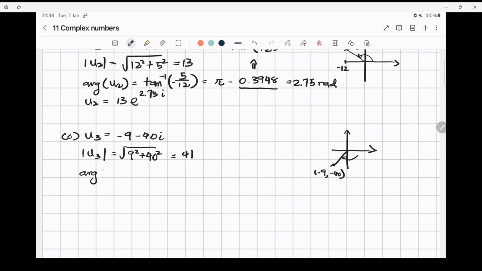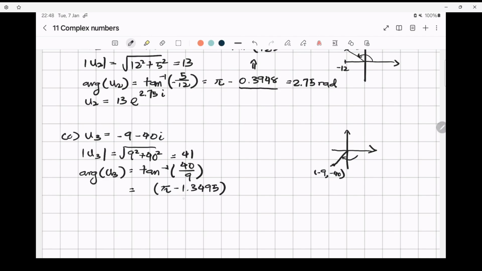Now let's look at the argument of U3. This will be the inverse tangent of 40 divided by 9. Okay, so we know that this particular argument will be in the third quadrant. So how would you find out the value in the third quadrant? Basically you use pi minus 1.3495.